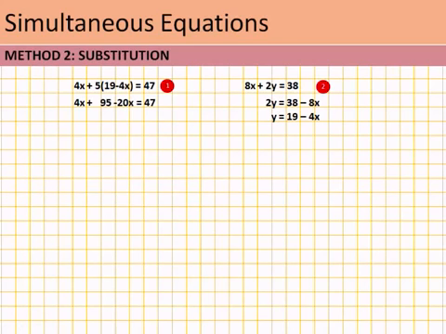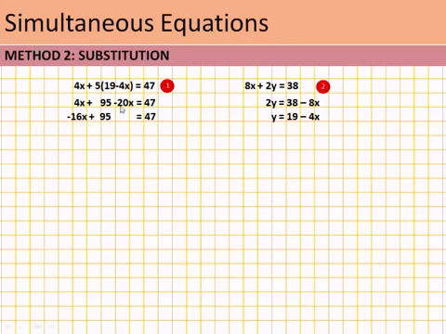Well, the point of that is that you can multiply it out, and it's only got x's in it, and because it's only got x's in it, it's easy to solve. So you multiply the brackets out, you get 4x plus 95, 5 times 19, minus 20x, 5 times minus 4x, equals 47.